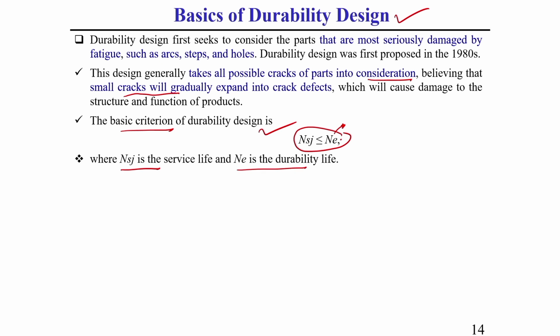Now, you see, these are the 4 important design methods which are generally used to design a component. The first one is infinite life design, which I am discussing briefly. Though it is easy to design and it is the earliest technique, this design makes the component bulky and heavy, which is not cost effective.